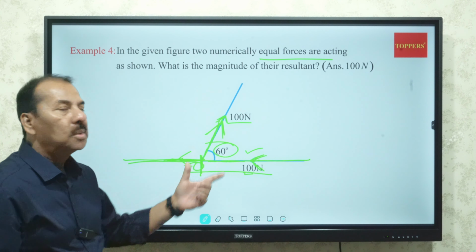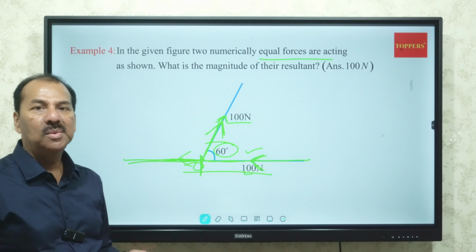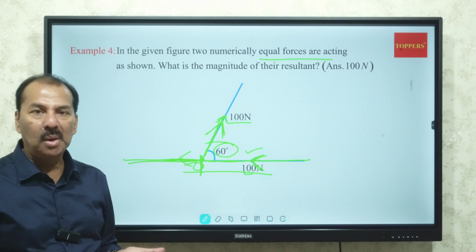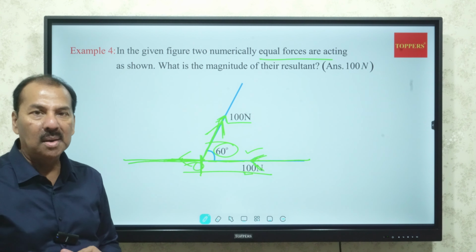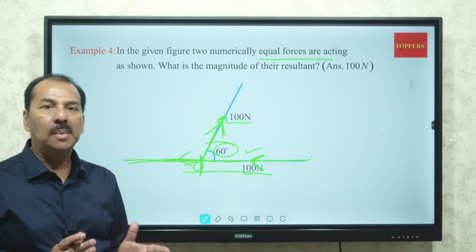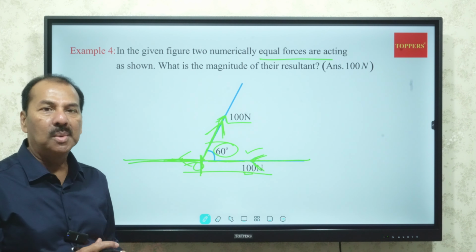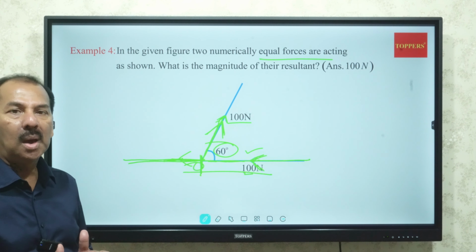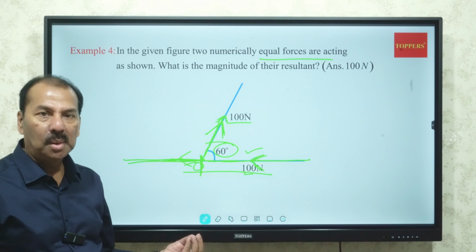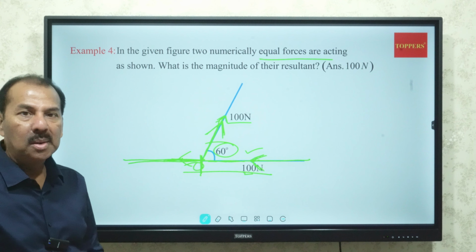Whenever you have any number of forces, the best way is to calculate the components of all the forces along the x-axis and y-axis. The x components will be added or subtracted with the x components, and the y components with the y components, depending on the direction.